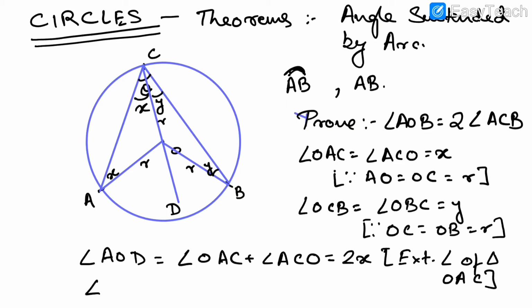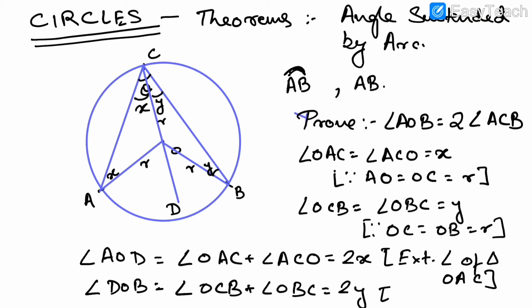Similarly, angle DOB equals angle OCB plus angle OBC equals 2y, the exterior angle of triangle OBC. So what is total angle AOB?